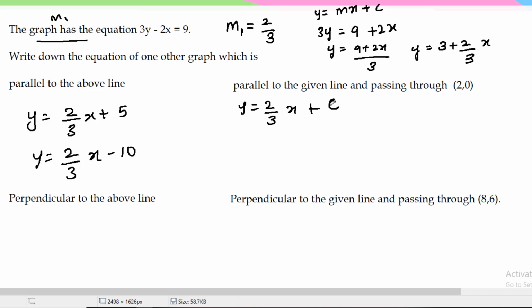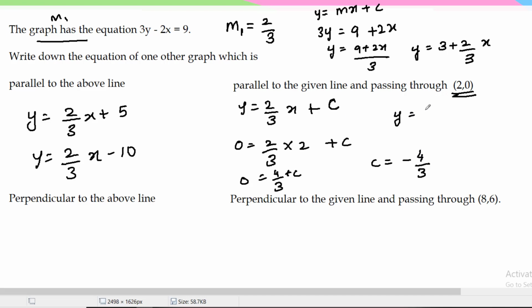To find this, I'm making it a constant C. I'm going to substitute this point here. So y is 0 equal to 2 by 3 into 2 plus C. So 0 equal to 4 by 3 plus C. So C equal to negative 4 by 3. So the equation of that line is y equal to 2 by 3 x minus 4 by 3.